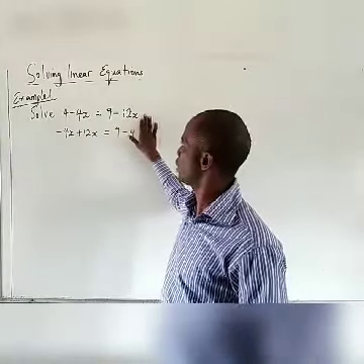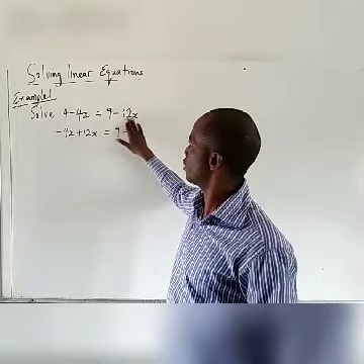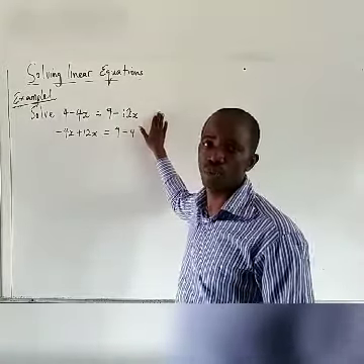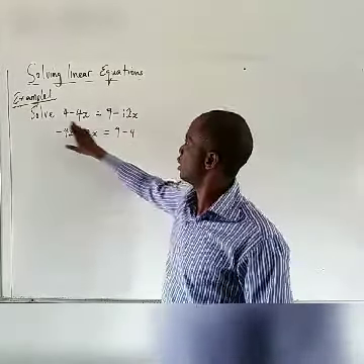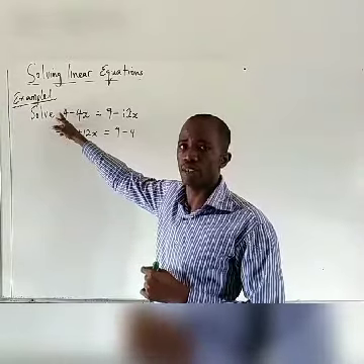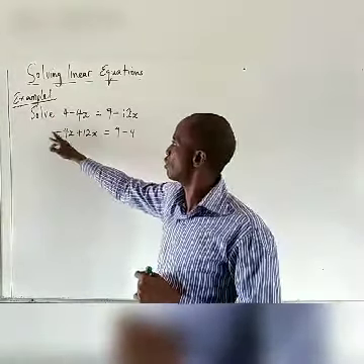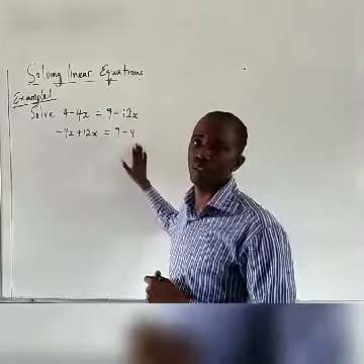If you add 12 here, you add 12 here, you have this plus 12. These are minus 12x, you now cancel that with the plus 12 that you added on this side. For us to bring this plus 4 here, because it's a plus here, you must subtract 4 from both sides. Minus 4 from this side, also minus 4 from this side, we'll be having what we are having now.